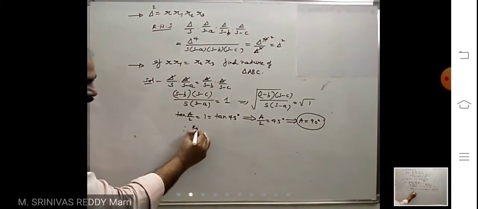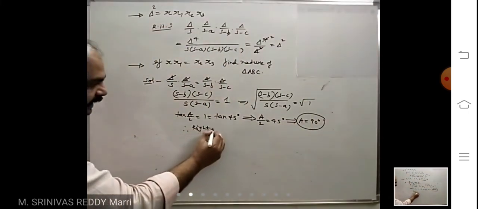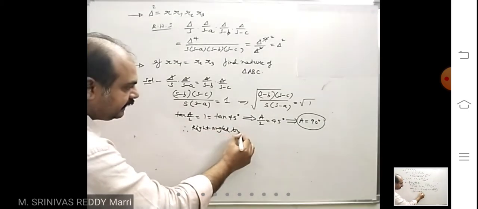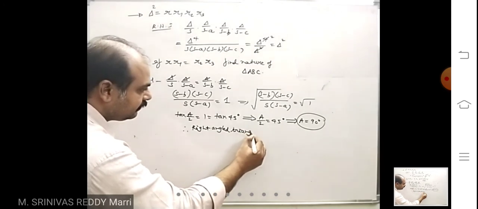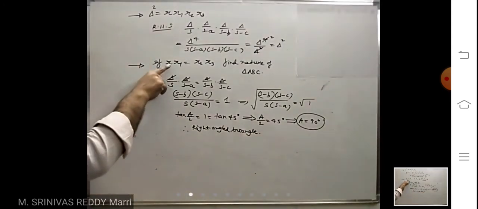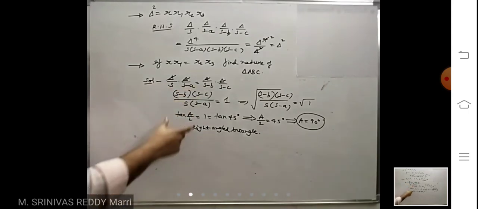Therefore, what type of triangle? One angle is 90 degrees, so you can definitely say it is a right angled triangle. Just a simple, basic formula you apply.